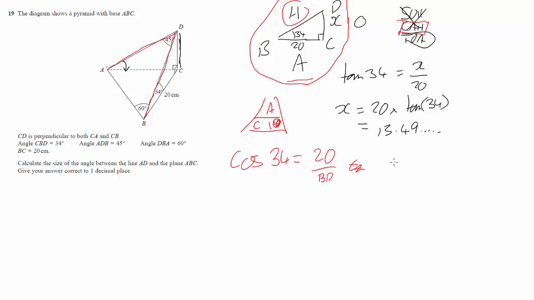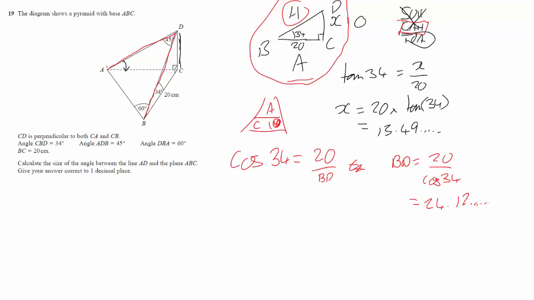So BD is equal to 20 divided by cos 34. And that gets me 24.12 and a few more decimal places. I could have used Pythagoras' theorem to do that and taken my 13.49 squared plus my 20 squared to get BD squared. That would work as well. I just chose to use cos.